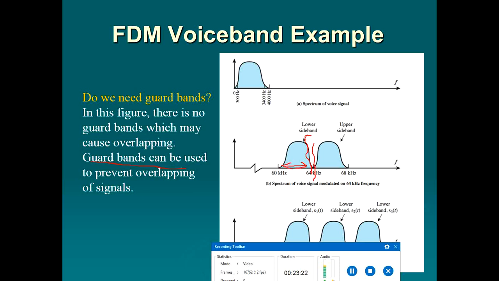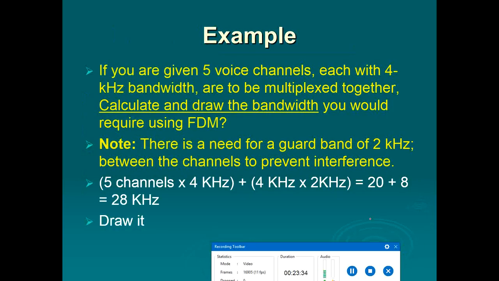The purpose of this portion is to separate the signals from the two sources so that they do not overlap with each other. Now, how do we calculate the bandwidth for frequency division multiplexing, because we have the voice channels and we have the guard bands also?